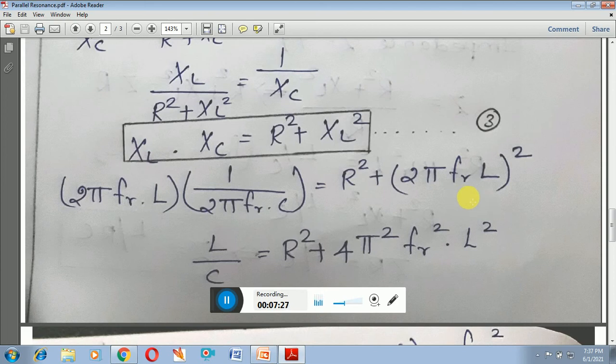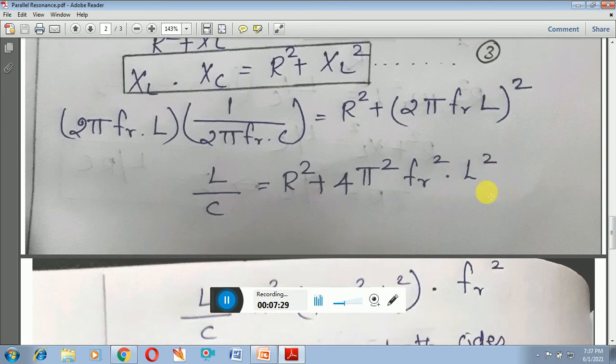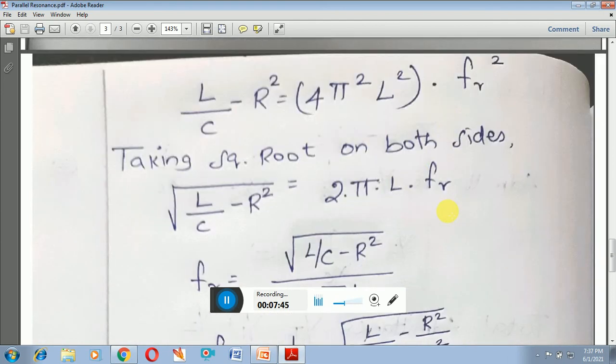Now simplify the equation further. We get L by C is equal to R squared plus 4 pi squared fr squared into L squared, since 2 pi fr cancel each other. Then L by C minus R squared is equal to 4 pi squared L squared into fr squared.